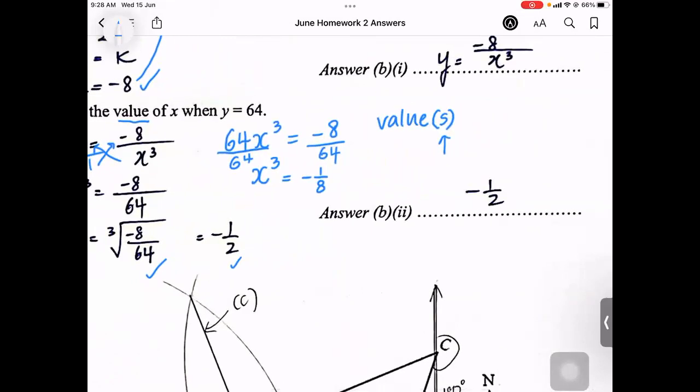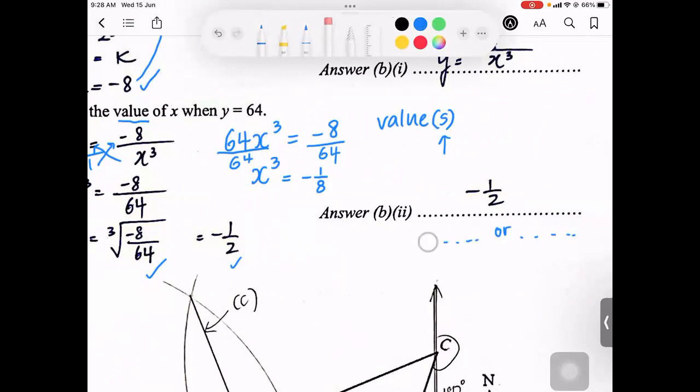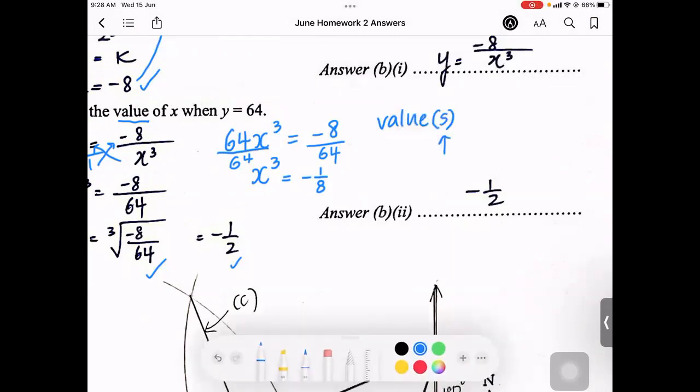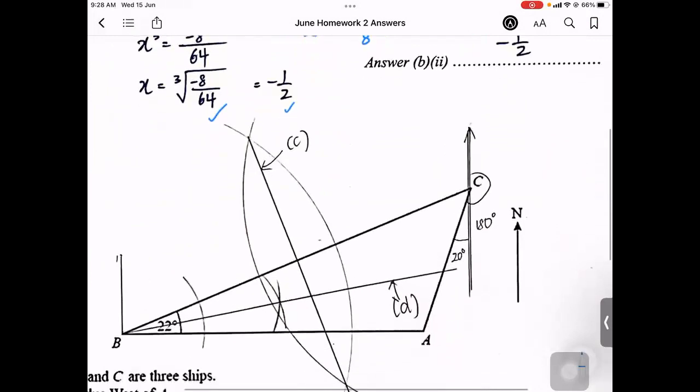Don't think that it will only be 1 answer. You can put 2 answers if there are really 2 answers on the blank. So the answer blank itself can also trick you. Sometimes they may put this or this to tell you that there are 2 answers. Okay, but it may not always be the case. So if there are really 2 answers, please do write down 2 answers. Don't anyhow reject the answers. Okay, of course, we check the situation. Is it true that there's only need for 1 answer?